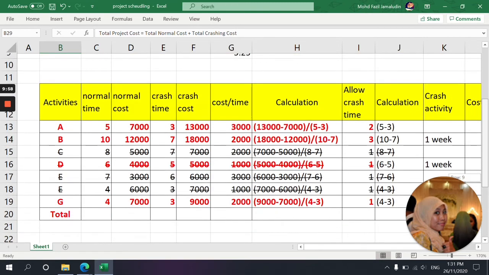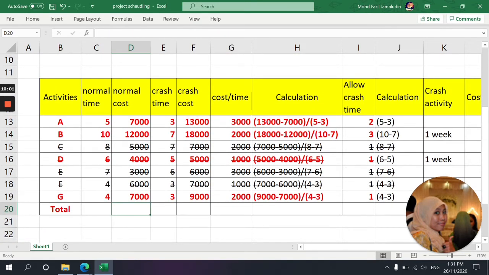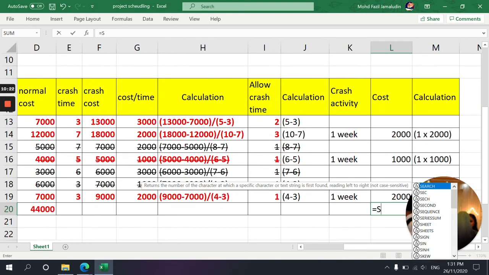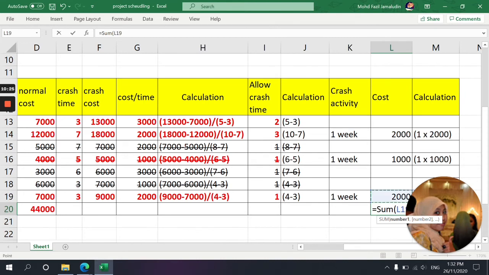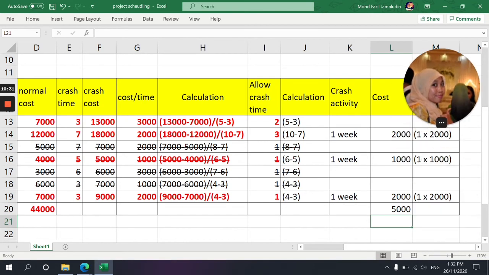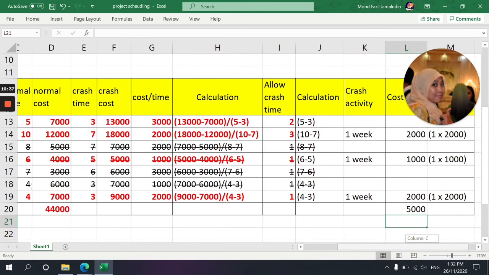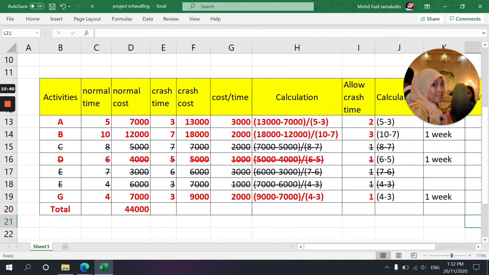You need to get the total normal cost here, the sum above, and the total crashing cost here. As you can see, the normal cost is 44,000 and the crashing cost is 5,000.